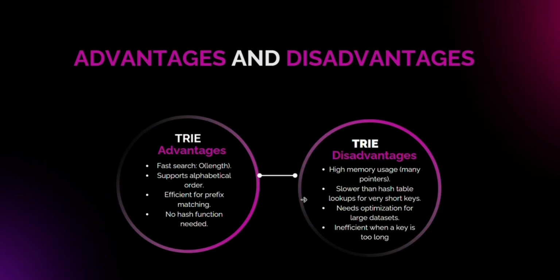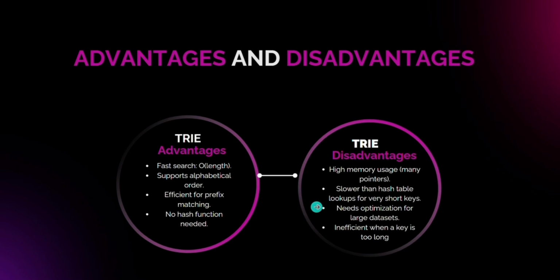A hash table can retrieve a key in O(1) average time, regardless of key length, because in a trie it must follow a path of nodes, one for each character. So when it comes to short keys, say 1 to 3 characters, it's slower than a hash table.